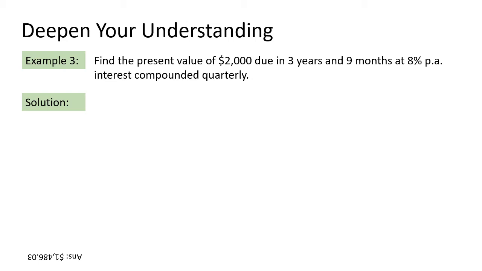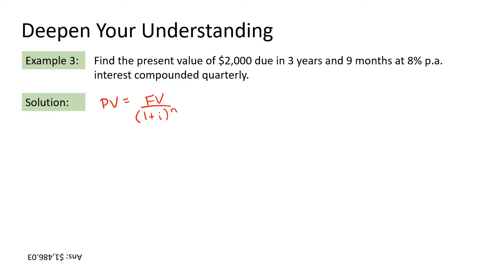Find the present value of $2,000 due in 3 years and 9 months at 8% per annum, interest compounded quarterly. Okay, so again, start with your formula. Present value is equal to your future value divided by 1 plus your periodic interest rate raised to the exponent n.